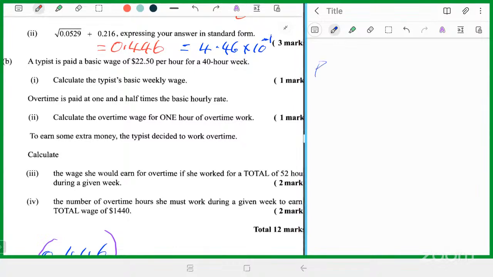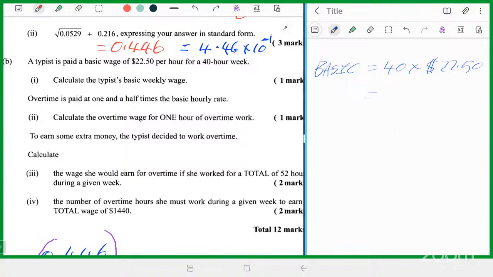So the basic pay is going to be 40 hours times the hourly rate of $22.50. The basic hourly rate is 22.50, and then you multiply that by 40 hours.